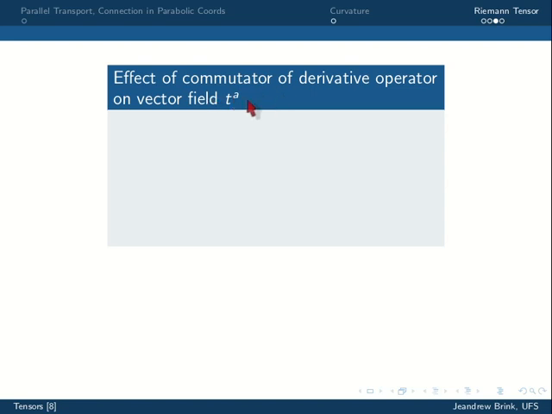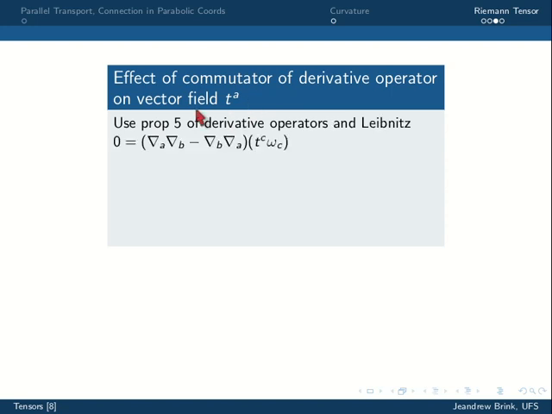We can do the same thing here. So what we can then do is, if we use property 5 of the derivative operators and Leibniz, we can also work out that because we're applying the commutator of derivatives to a scalar, that must be 0.